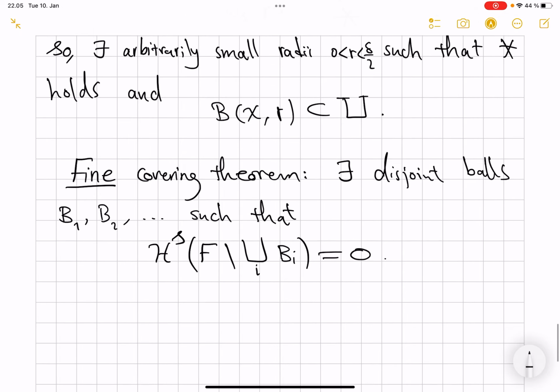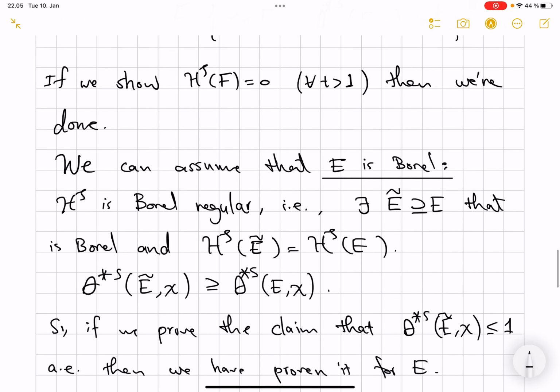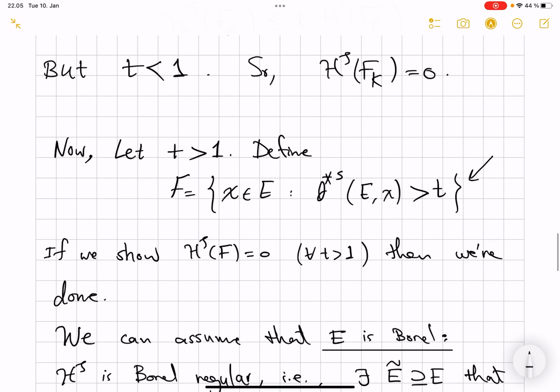Okay, so let's put things together. What happened? This time around, to prove that almost everywhere the density will be less than or equal to 1, we again started to look at the set of bad points where it's strictly bigger than 1. And again, by discretizing, we can look at 1 plus epsilons.